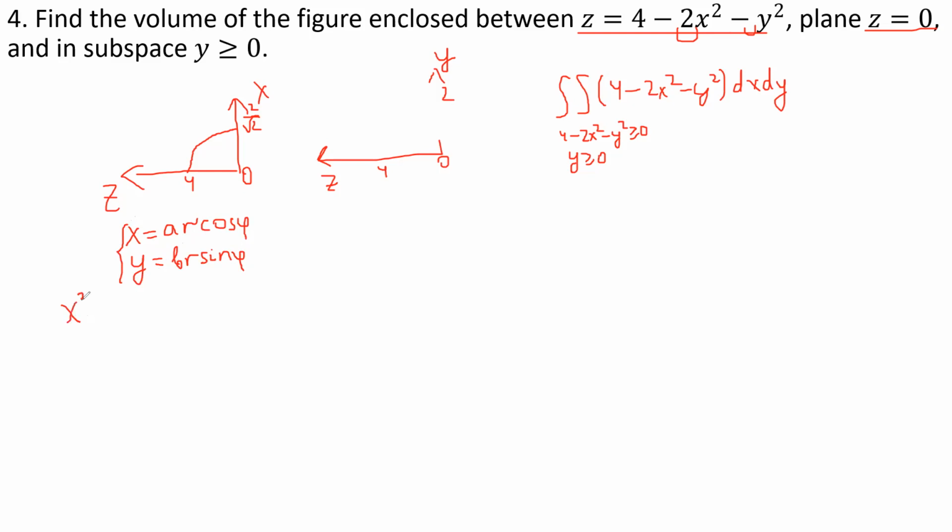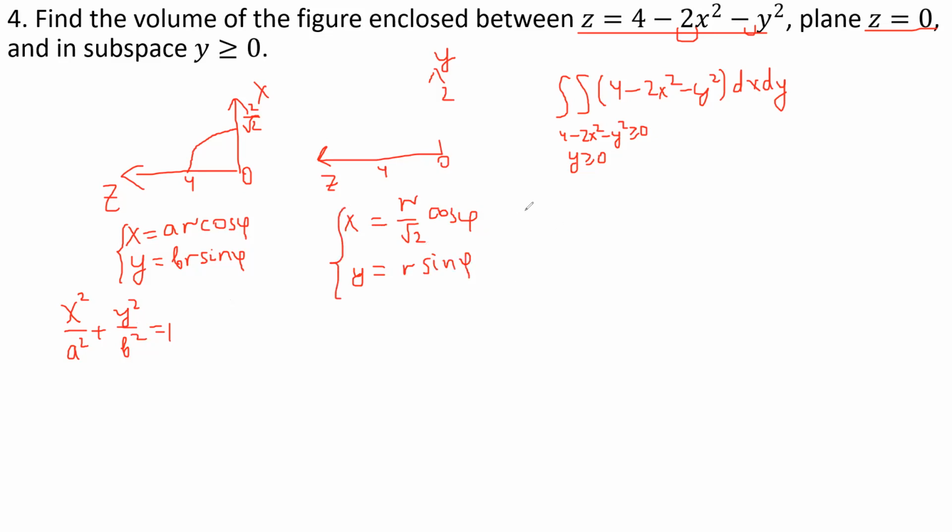A and B are taken from the equation of the ellipse. We see that we have 2 in front of x squared, so we will have x equals r over square root of 2 cosine of phi, and y will be just r sine of phi.